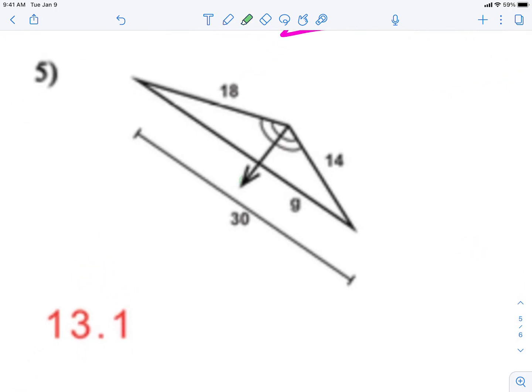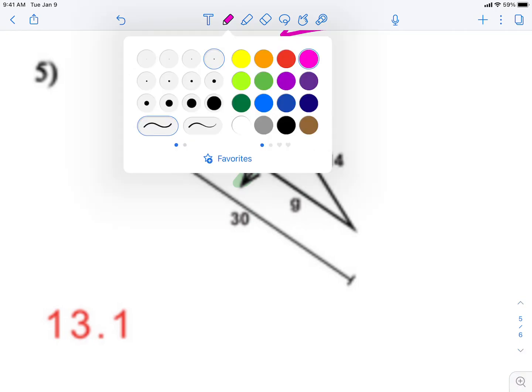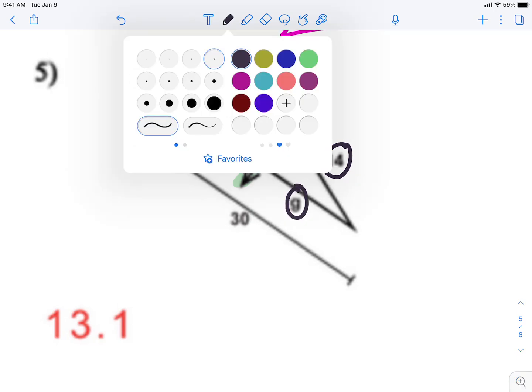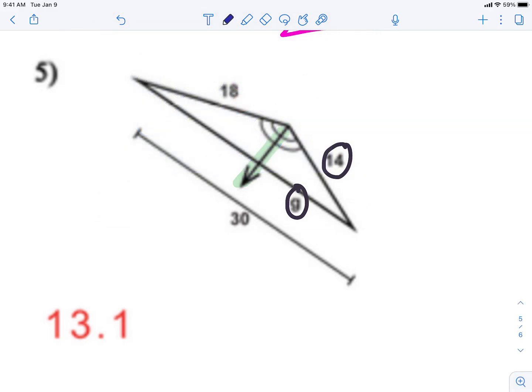Again, we have the angle bisector, which is this one right here. Right? That bisects the angle. So we form a special relationship with 14 and 9, and G, sorry. And a special relationship between 18 and what is there? There's nothing there, right?